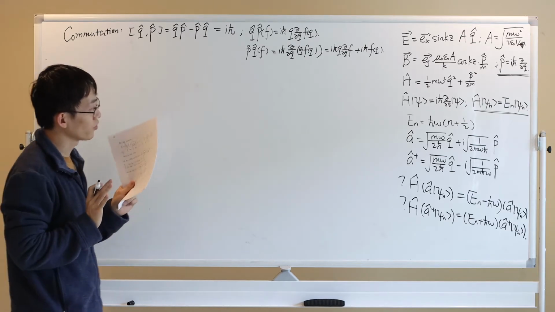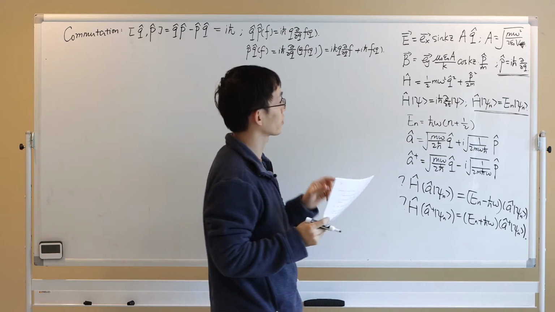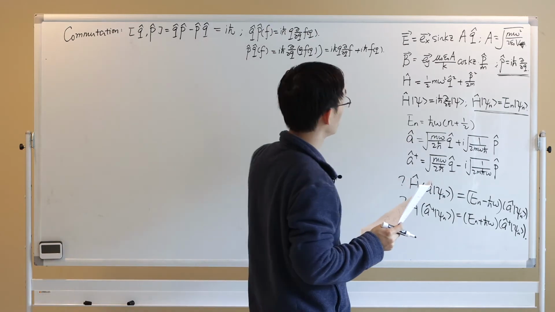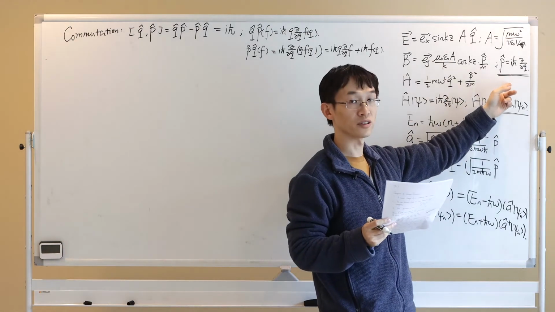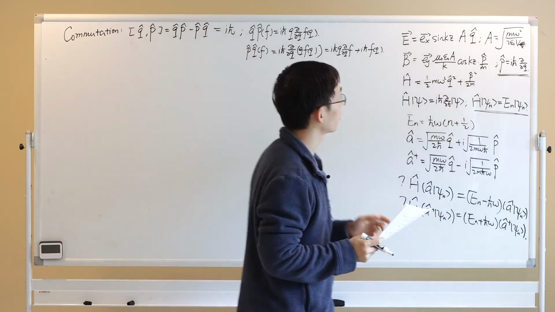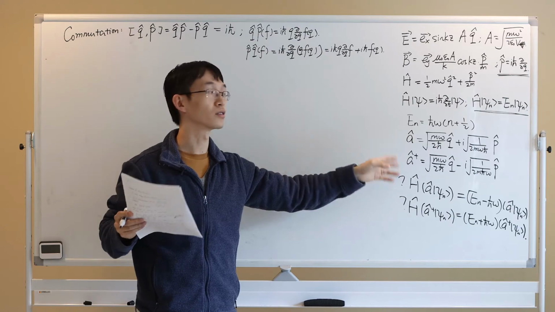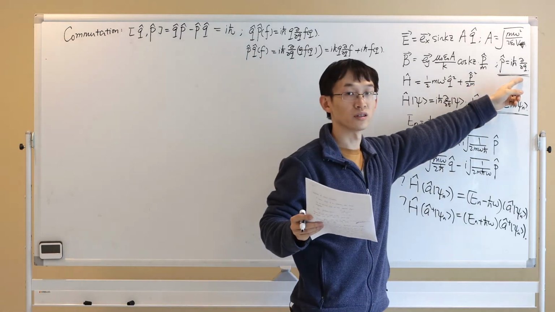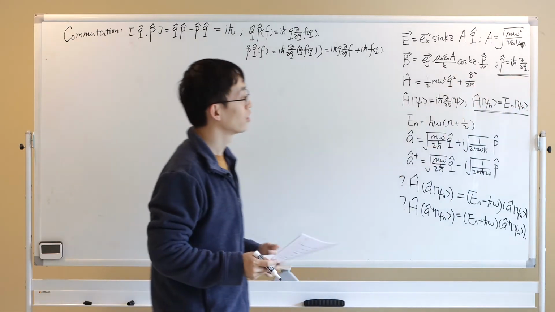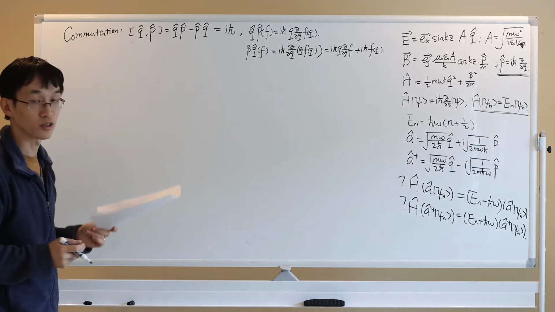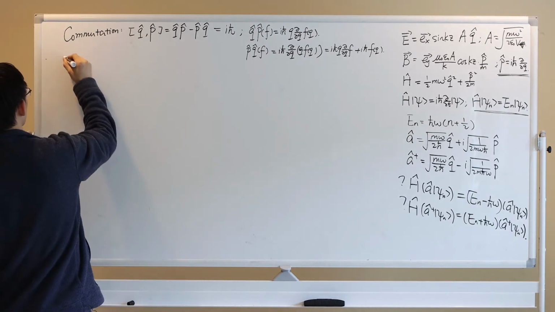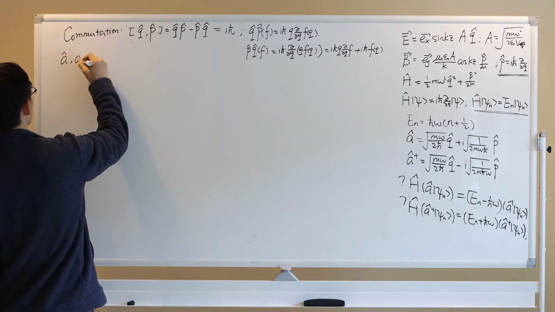So if you think that the commutation relation here is equivalent to having an operator, then what we can do is that we don't have to care about what A and A dagger are in terms of their differential operators, but we only have to care about their commutation relation, which is [A, A dagger].